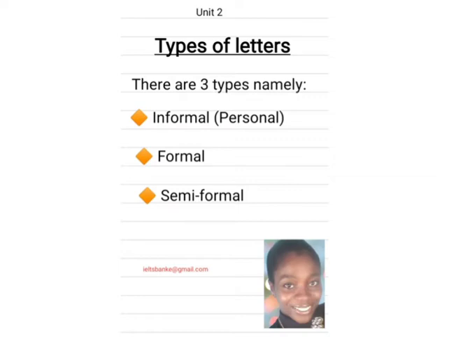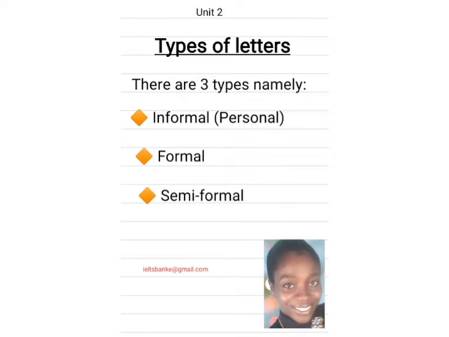It is by first understanding the type of letter that you are writing. For example, if the question is such that it is a formal type and you write an informal letter, then you would have missed the whole point and you will not be getting the right score for that.